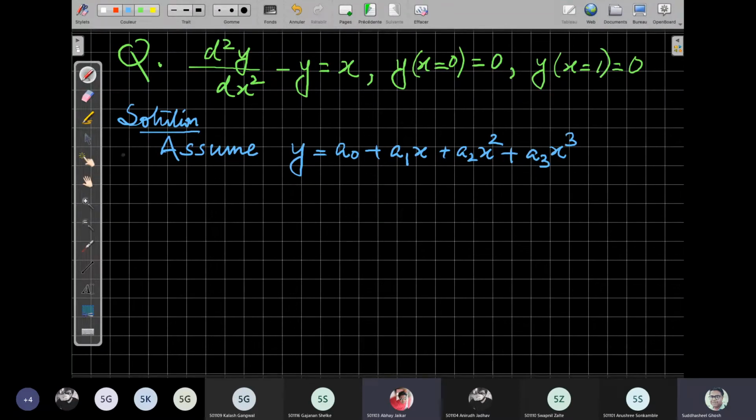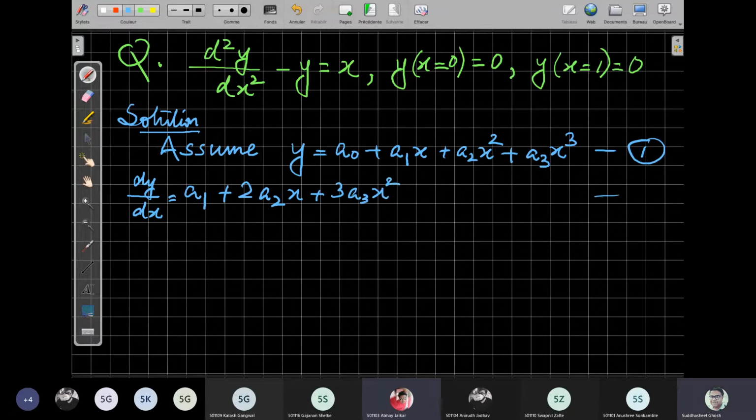Yes. Okay, so if this is so, then tell me what is the value of dy by dx. At the same time, I will say that this is my equation number 1. Okay, now tell me one thing, what is dy by dx? Dy by dx will be equal to A1 plus 2A2x plus 3A3 x square.